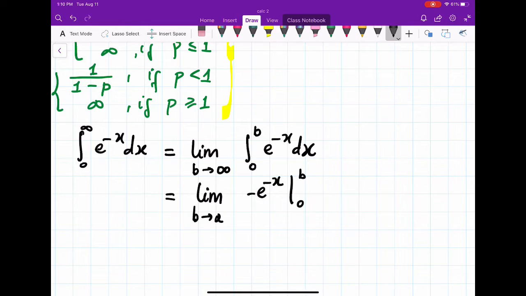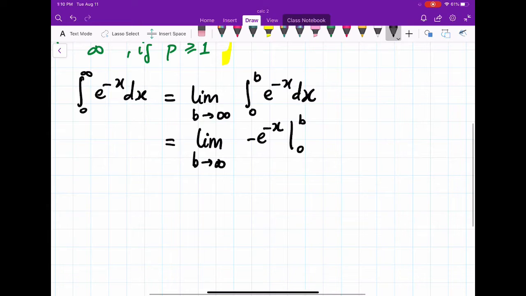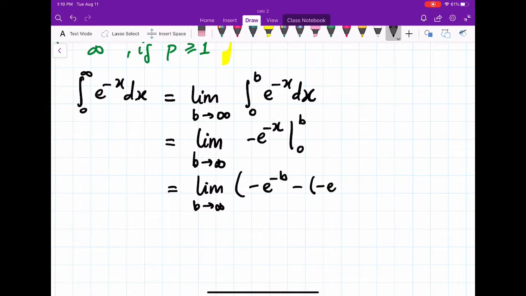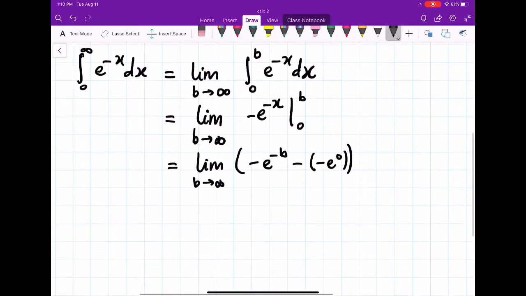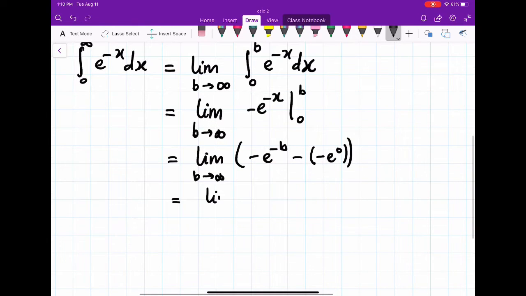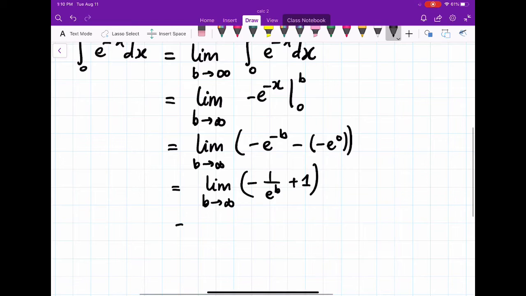And the limit when b approaches infinity, that is the limit of negative e to negative b minus negative e to 0, right? So you have the limit of 1 over e to the b plus 1 when b approaches infinity, and this is just 1 because the limit of this guy when b approaches infinity is 0.